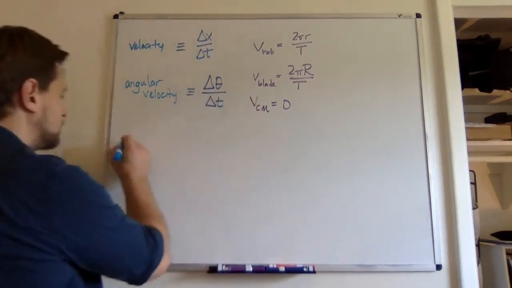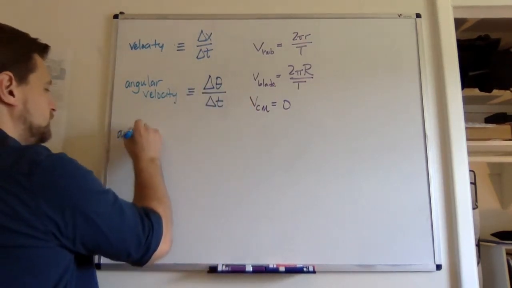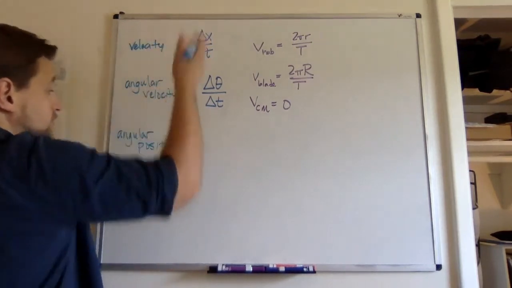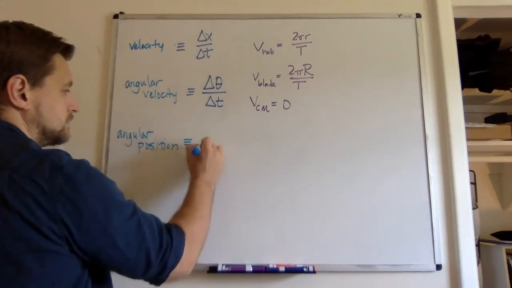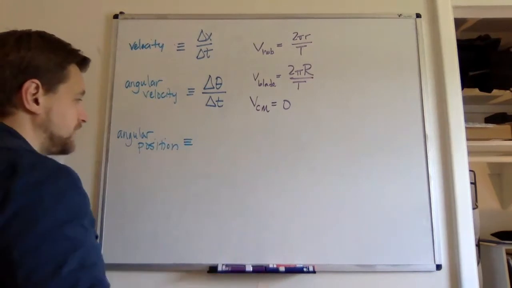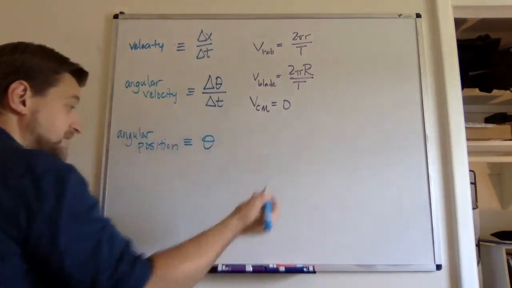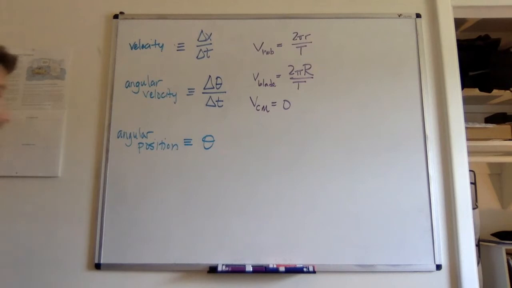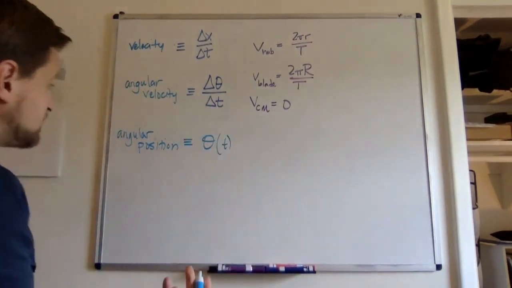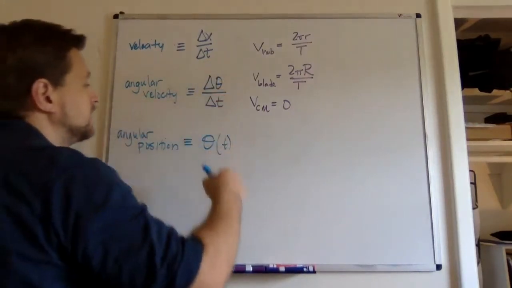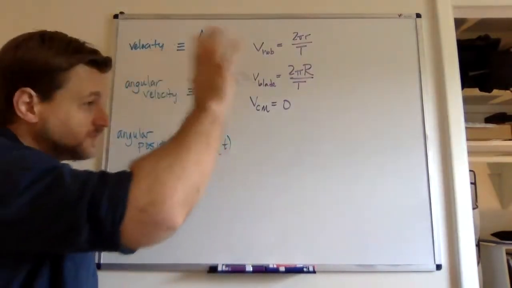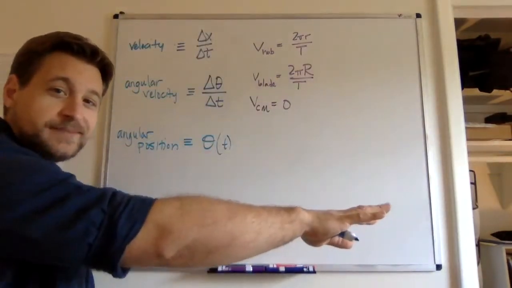Which makes me think that we could define an angular position just like we defined a linear position. It's the angular orientation we have relative to some axis. Let's track that with variable theta. It could be a function of time. You can see the calculus coming a mile away.